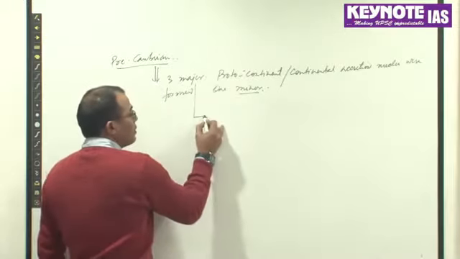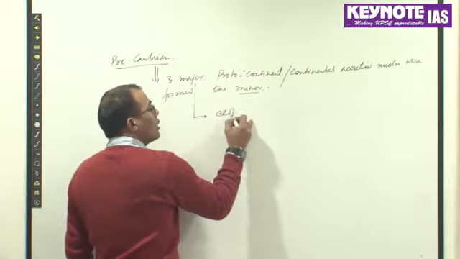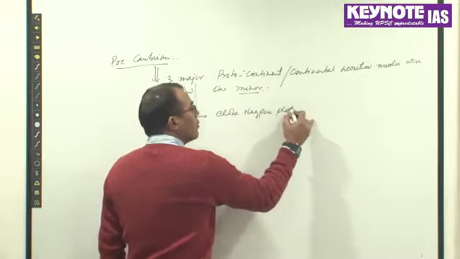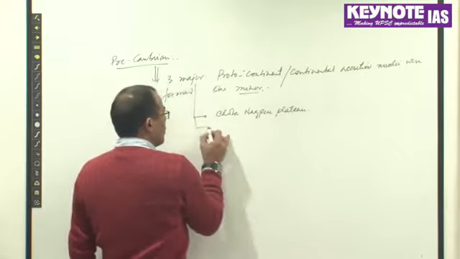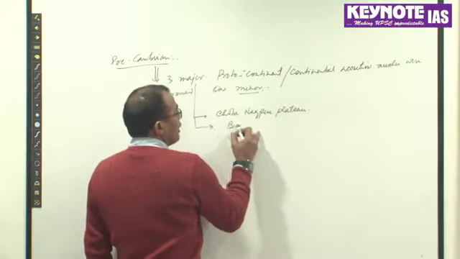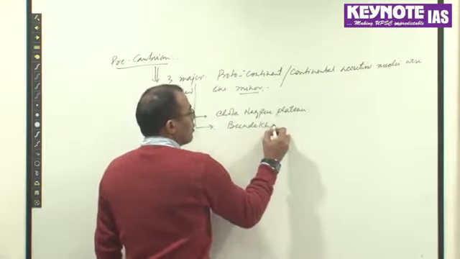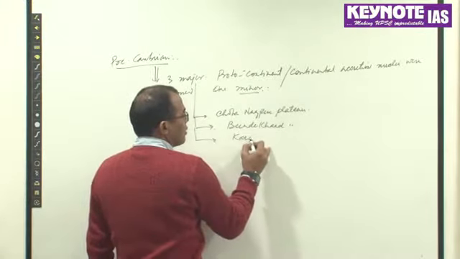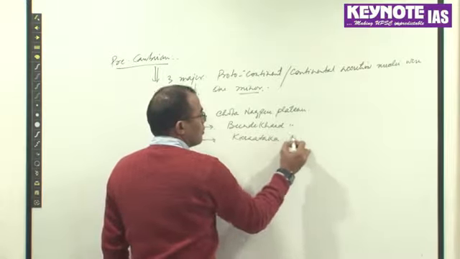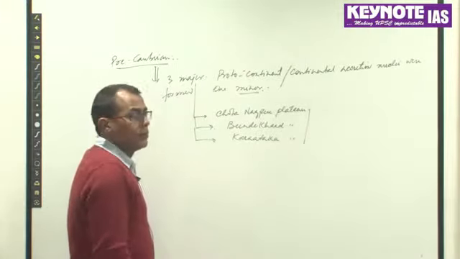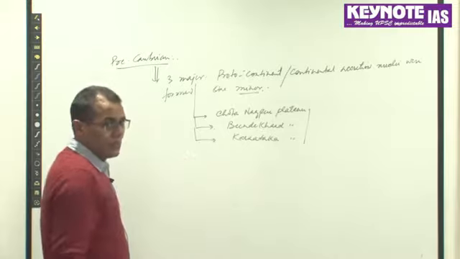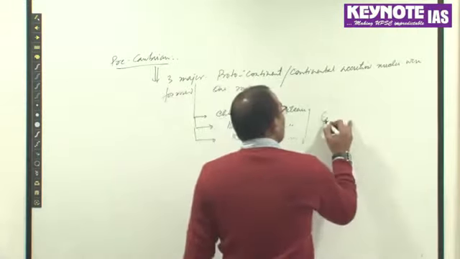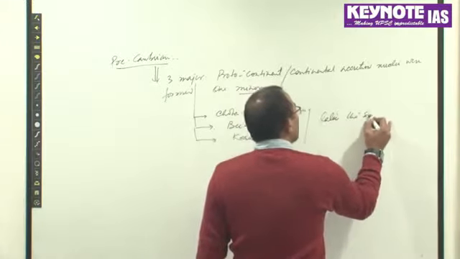Among the major were the Chota Nagpur Plateau, the Bundelkhand Plateau, the Karnataka Plateau. These things you'll have to keep in mind when we explain Western Ghat and its formation. Right?